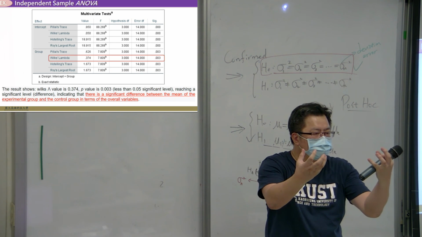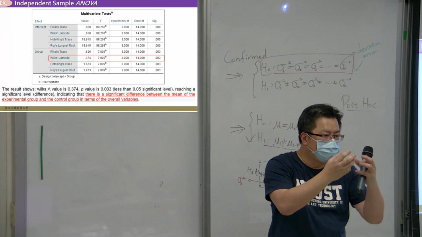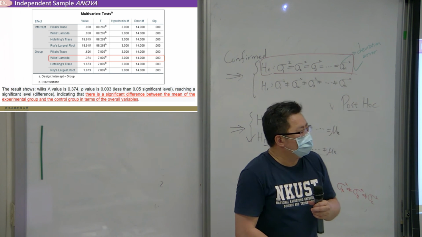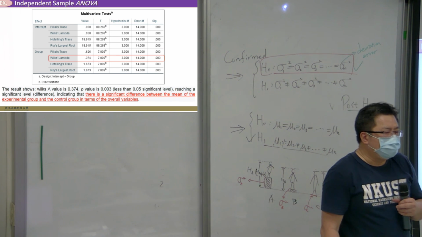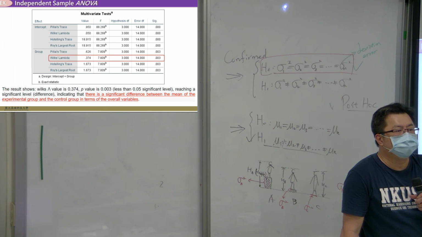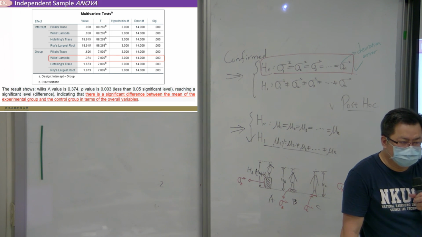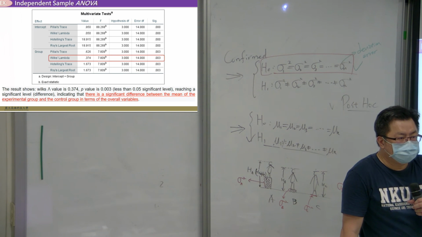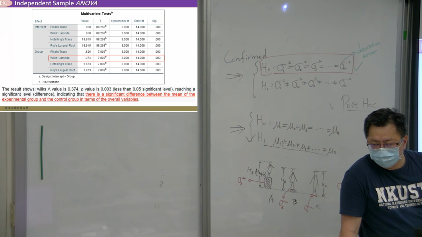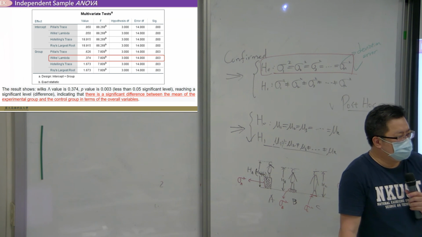Two populations, we use t. Three, we use F, ANOVA. But if you ask, can I use F to test two populations? Can. It's the same. Okay? Any question?